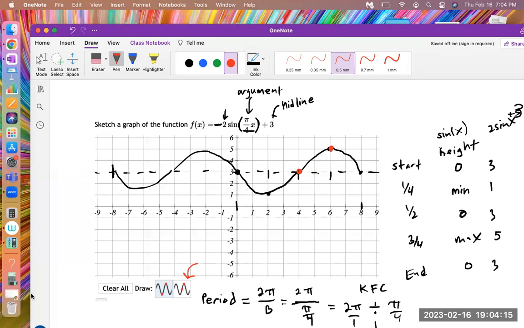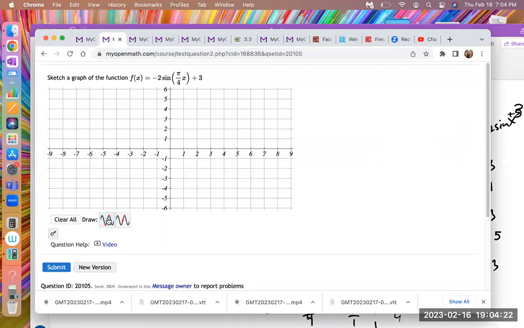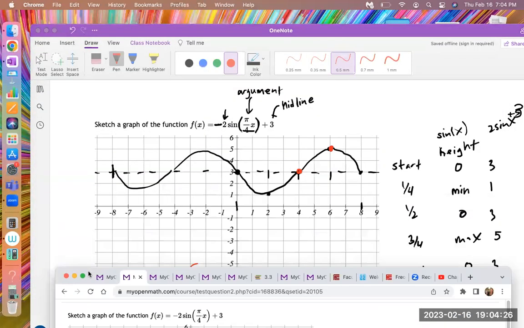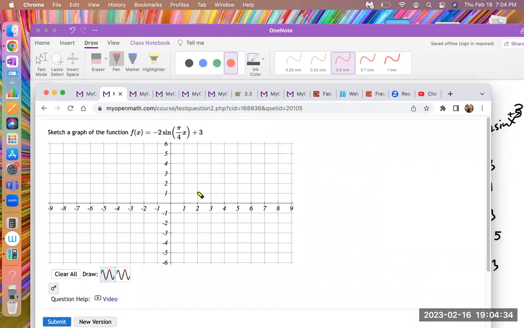So let's try inputting. I kind of prefer the first one, so let's just do the first one. I wanted to do a point at 2 and 1. So there. And my next point, I don't even remember where it was.